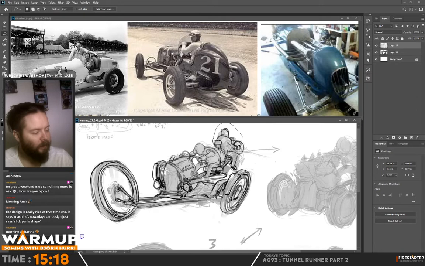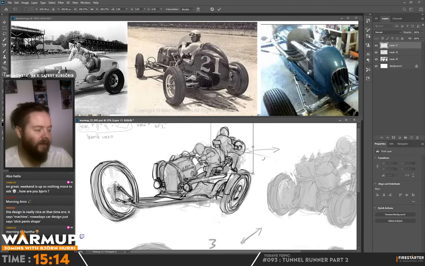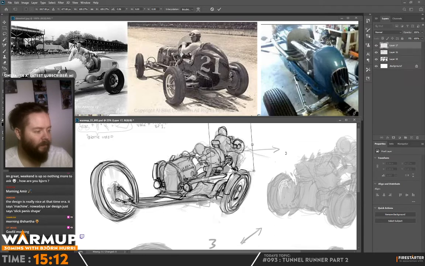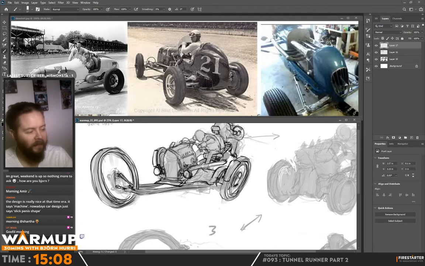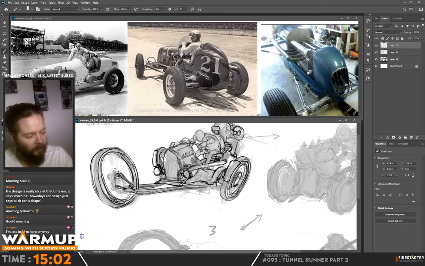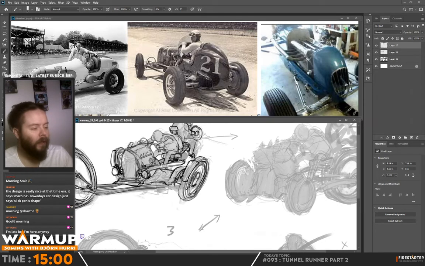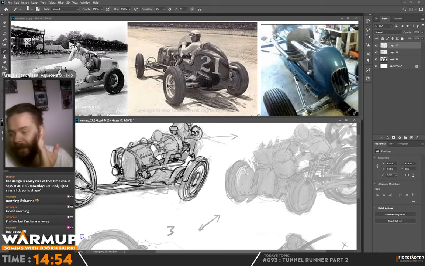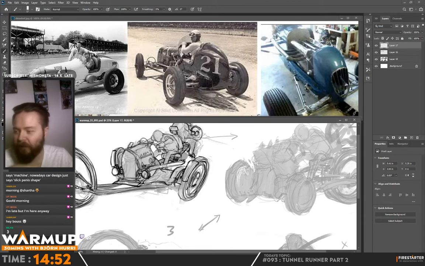This guy needs to be a little bit bigger, but it does give me that feeling. So I might as well just go ahead and work on this one, but I won't, because I want to explore the other concepts too. But it does tick the boxes for my imagination. If I would art direct this, I would go like, yeah, just that one after the explorations. But I'm sensing that this is the one.